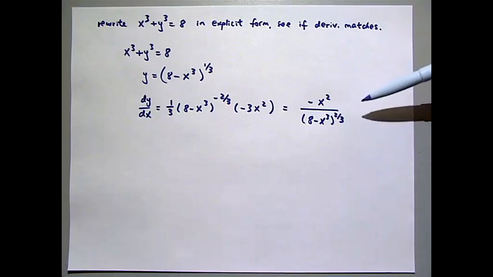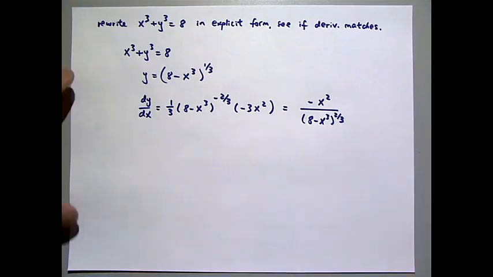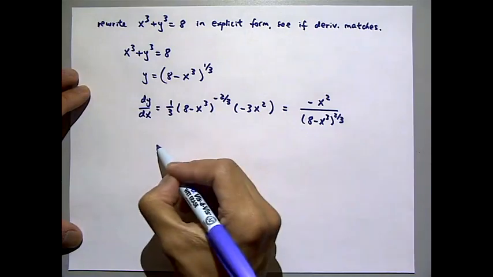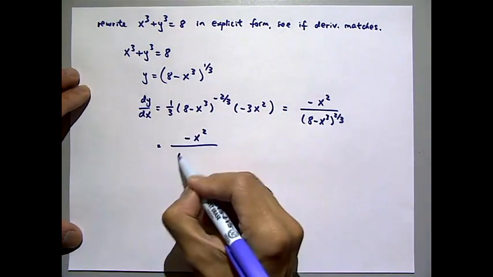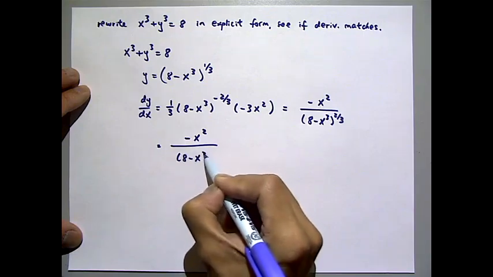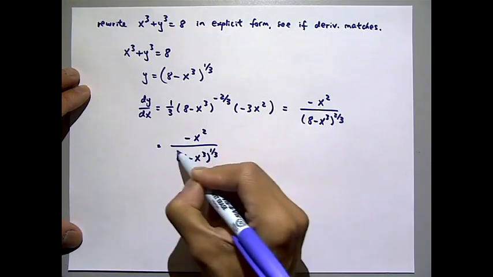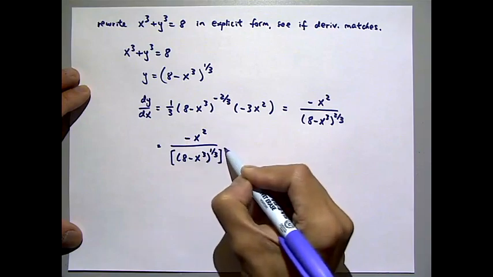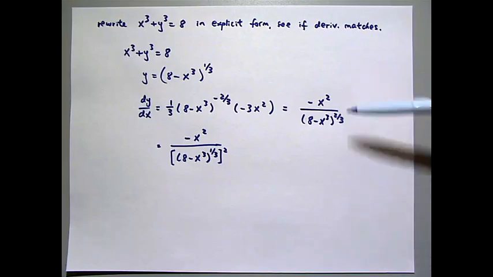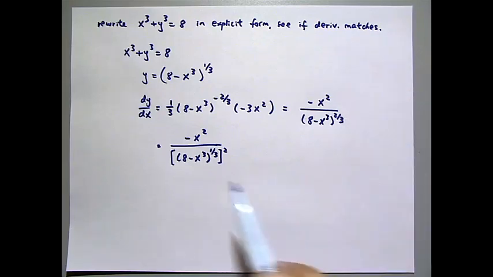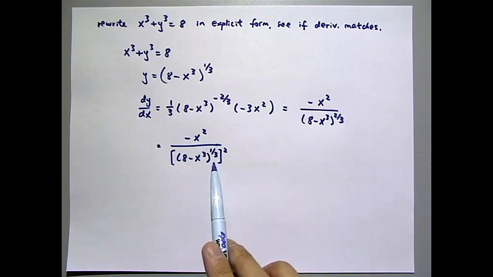Compare this to what we got on the last page. They should be the same thing. They look different, but they should be. It's very easy to see that they are indeed the same thing. Because notice we can rewrite the denominator just a little bit. I can rewrite 8 minus x cubed to the power of 2 over 3 as 8 minus x cubed to the power of 1/3, then square that.